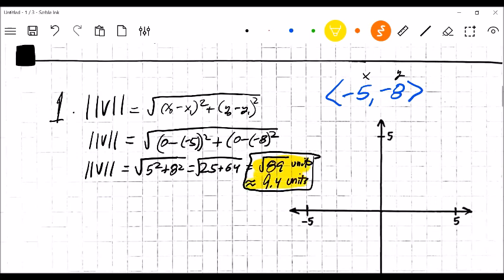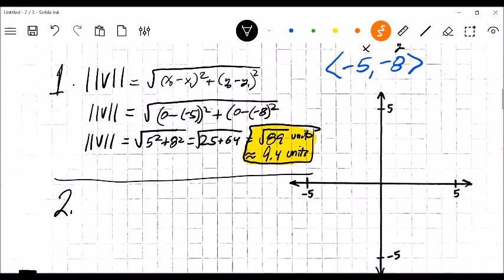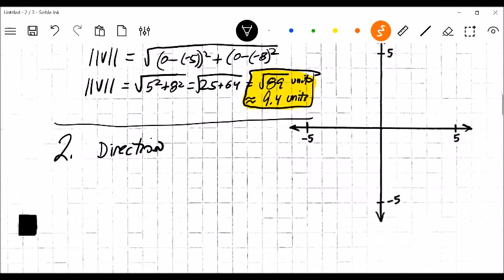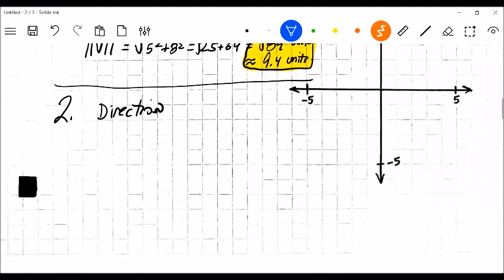So these are the two answers we'd give for the distance. Now we want the direction. We'll do two directions: the degree coming from the initial side and the ordinal direction. So we're going to need to graph this. So -5, -8.